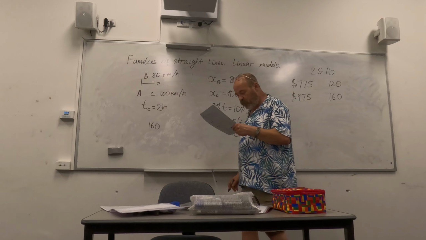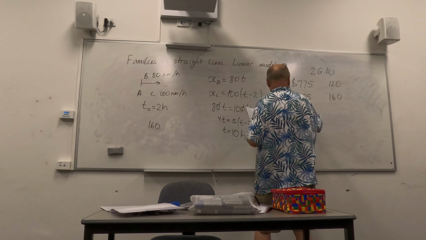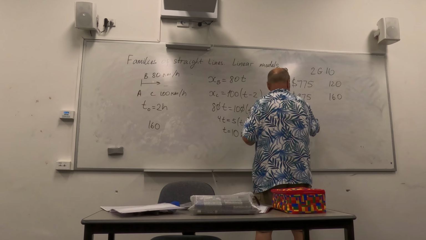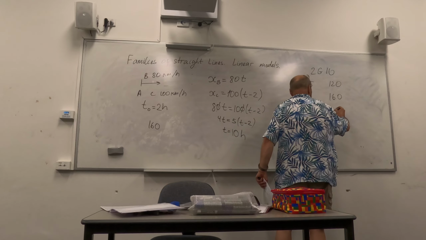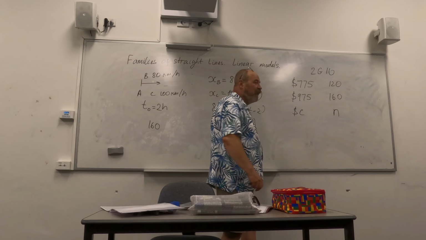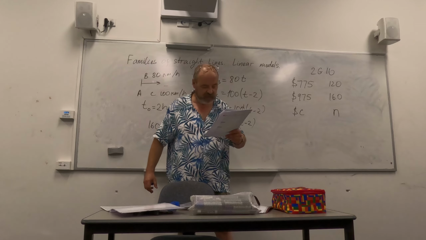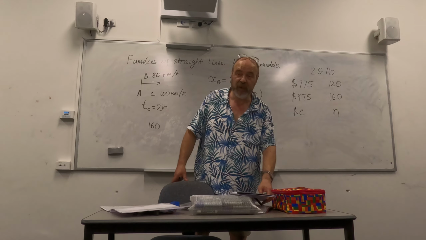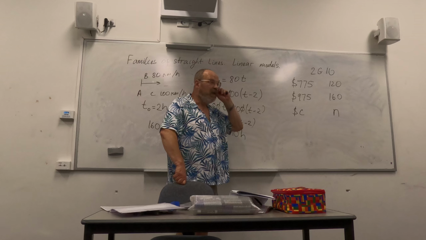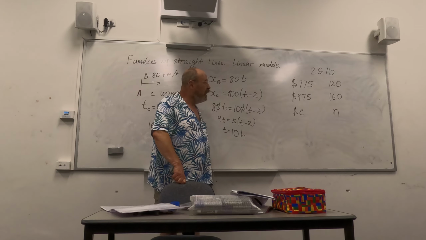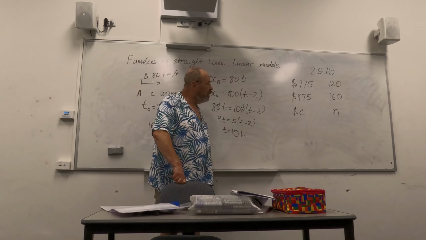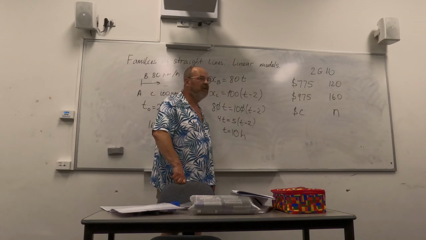Find the formula for the sum, C, and the number of notes. The notes are the same, otherwise there would not be enough information. How can we write the equation that relates the number of notes? 120n equals 775.